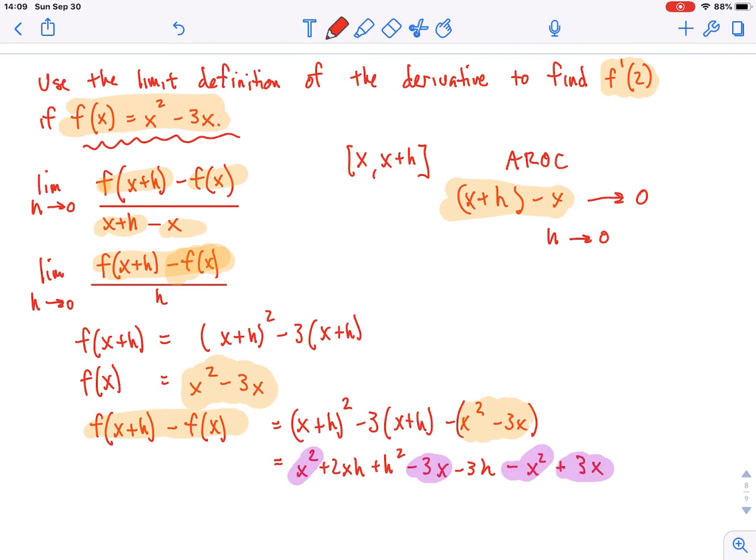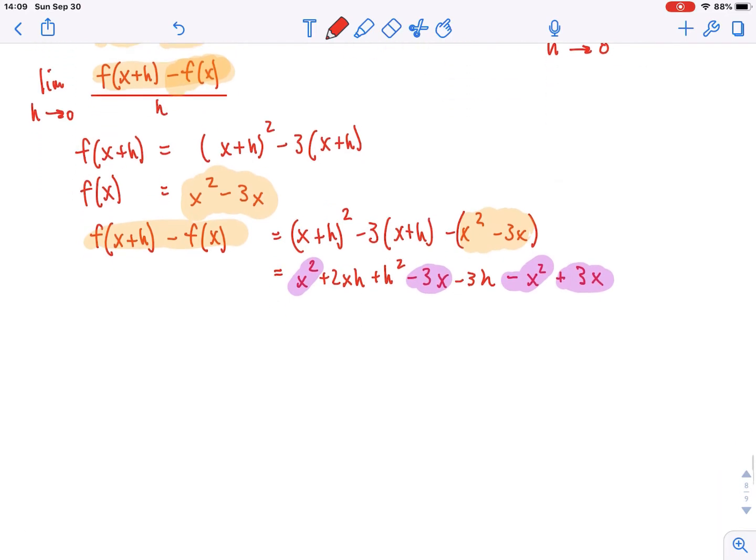So let's now go back to our limit definition. This is the limit as h approaches 0 of f of x plus h minus f of x. So let's get the result after we've simplified this. So this is now 2xh plus h squared minus 3h, and that's all over h.